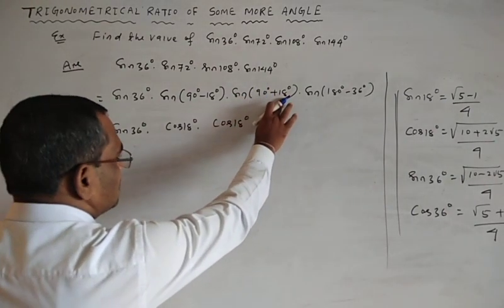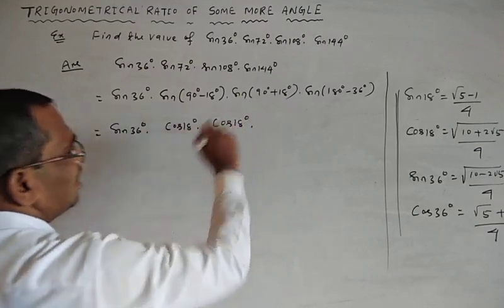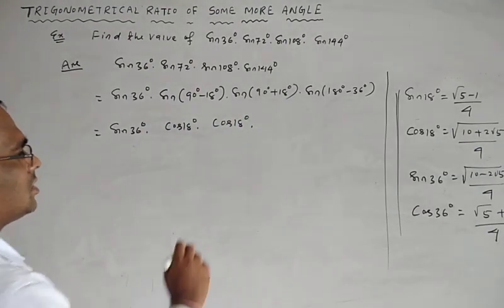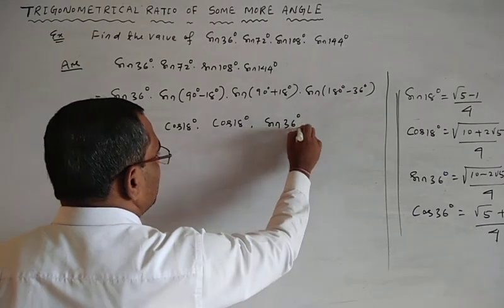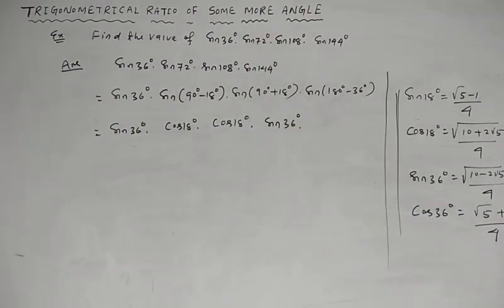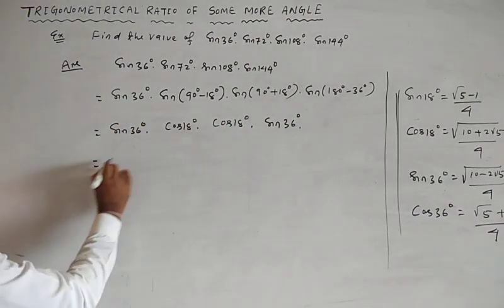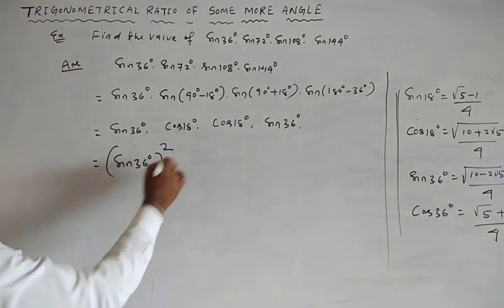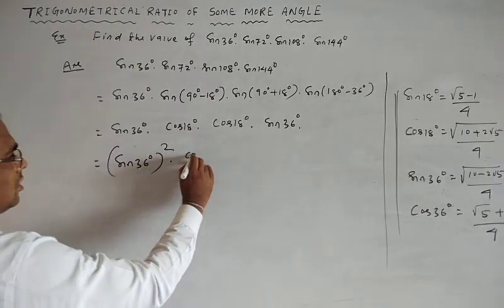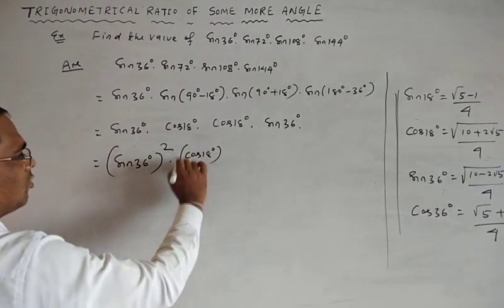So sin(90 plus 18) is equal to cos 18 degree, and sin(180 minus 36) is equal to sin 36 degree. Okay, so sin 36 into sin 36, this is sin 36 degree whole square, into cos 18 degree into cos 18 degree, so cos 18 degree whole square.